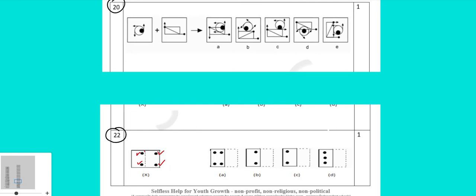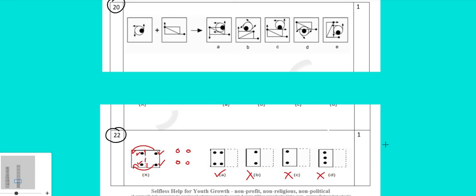When the page is folded, we will definitely get a figure of this sort, because after it is folded, this dot will come here and then this dot will come here. So therefore A is our correct option here.